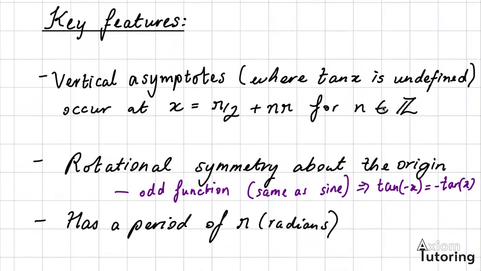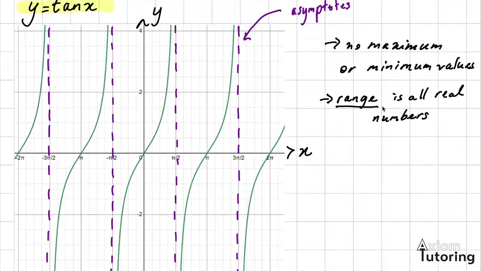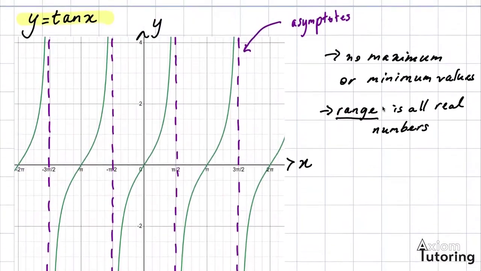And instead of having a period of 2 pi, tan actually repeats itself every pi radians. We can see here, I'll highlight it from 0 to pi. Our graph looks exactly the same as it does between pi to 2 pi and so on.